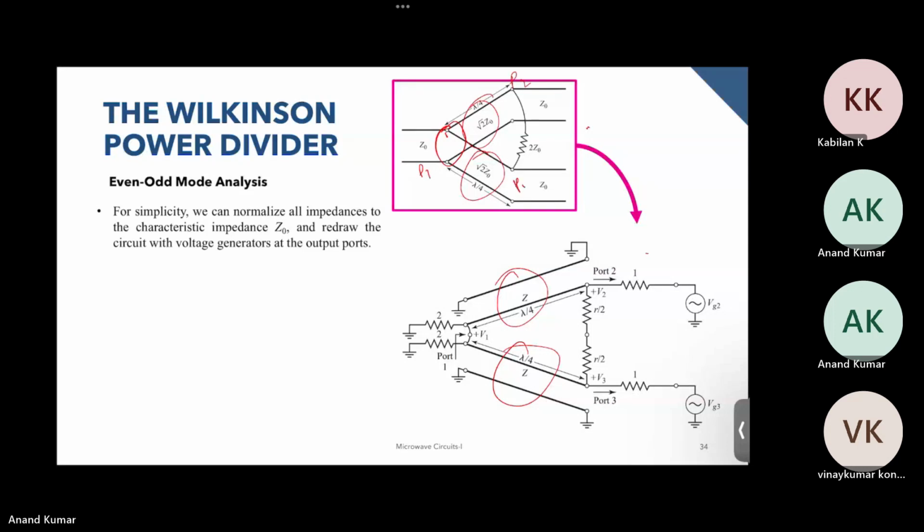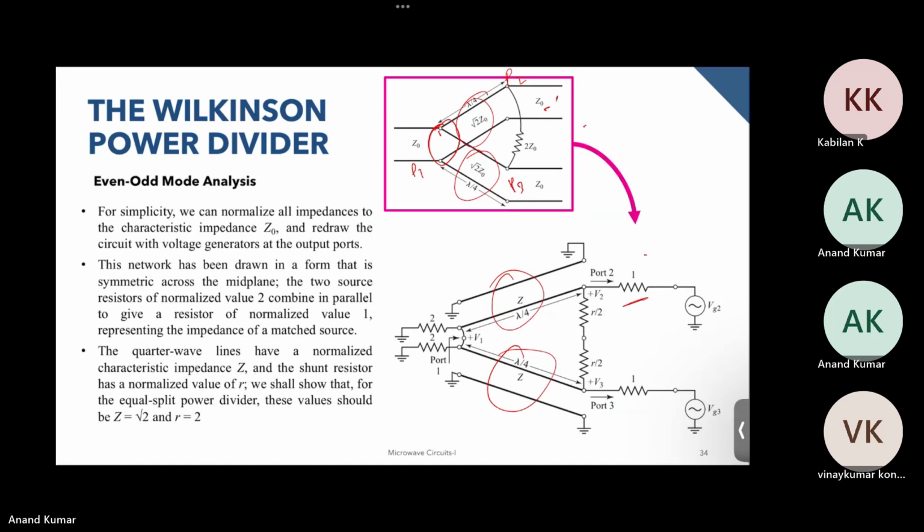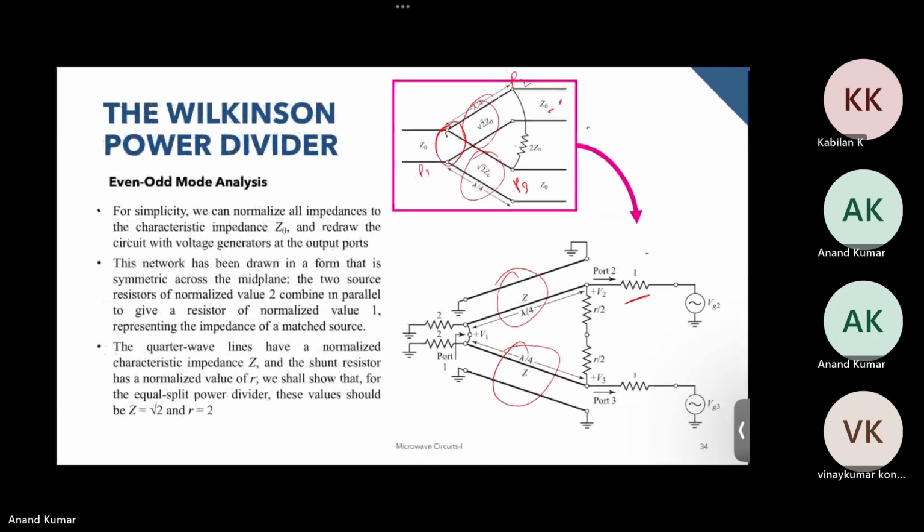We have normalized this particular circuit, so this particular Z0 divided by Z0 is equal to 1. Since it is now split into two and they are both in parallel, this Z0 by Z0 was equal to 1, but after splitting both of them have become 2, so that once you keep them in parallel, they become equal to 1.